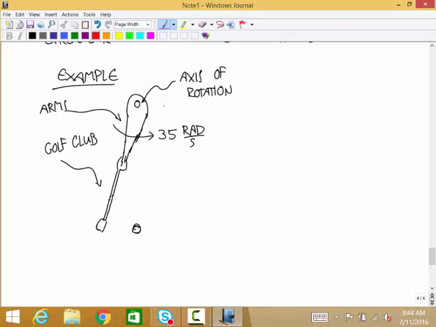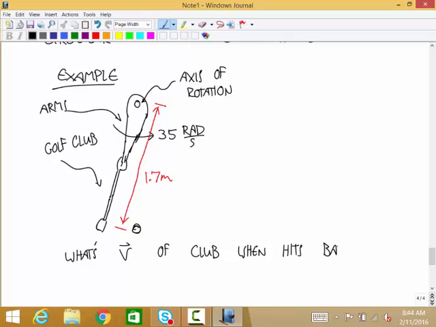And let's say that the length of this rigid body is 1.7 meters. What's the velocity vector of the club when it hits the ball? And give it in vector components.